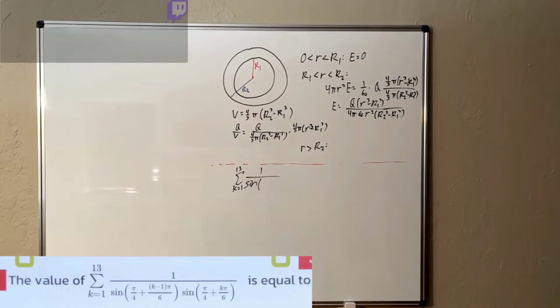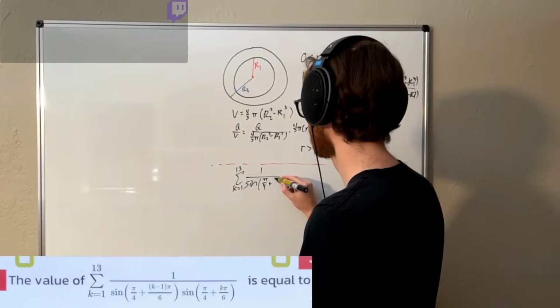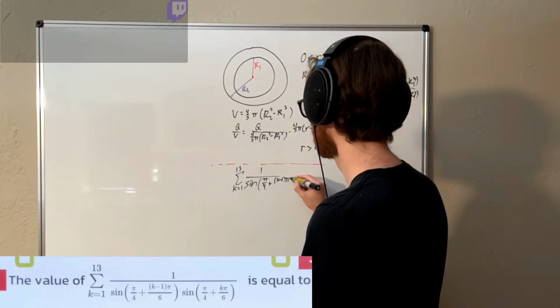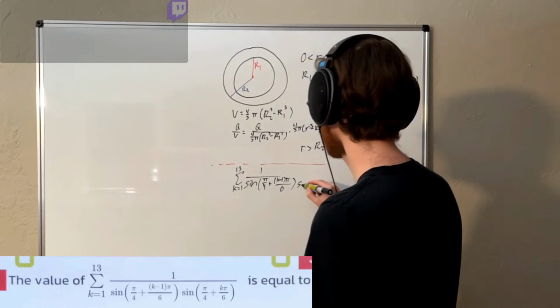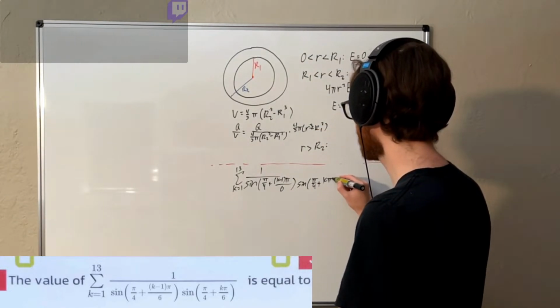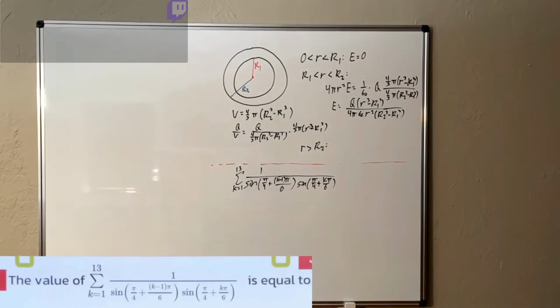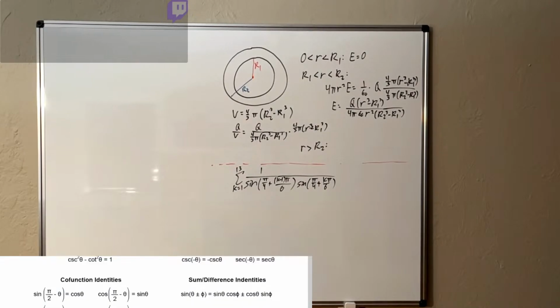Pi over 4 plus k minus 1 pi over 6 times sine pi over 4 plus k pi over 6. Okay. So how does this sum identity work? You do sine theta cosine phi plus, okay.